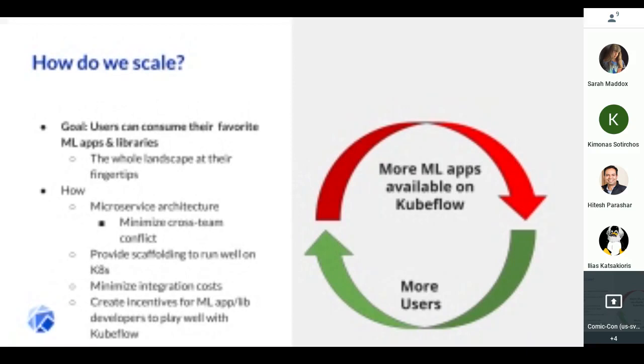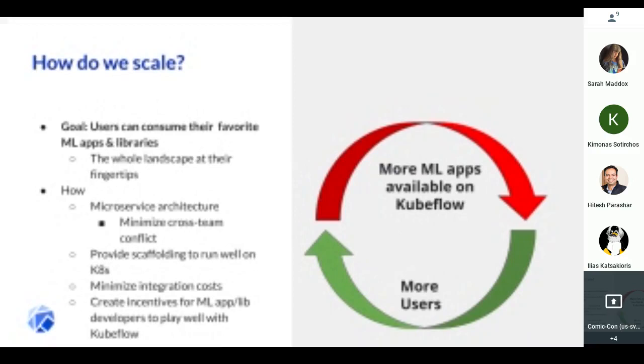And so I think that's really the incentive for trying to drive a microservice architecture, to make it easy for those people to make their products and libraries and tools work well with us, right? And I think the way that we incentivize them to do that is we provide scaffolding that makes it easy to run well on Kubernetes, right? So providing that multi-user story, that isolation, handling things like setting up authorization.